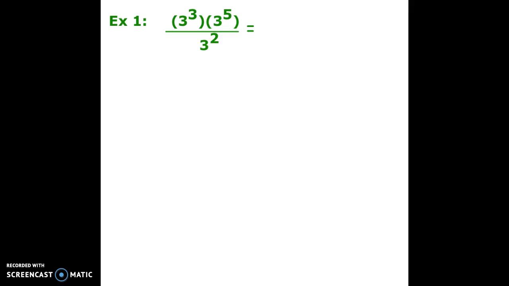Let's try that out. Here I've got 3 cubed times 3 to the 5th over 3 squared. I'm going to simplify my numerator first. Here I have the same base, so I need to add the exponents. 3 plus 5 is 8. I'm going to keep my same base, so that's 3 to the 8th over 3 squared.